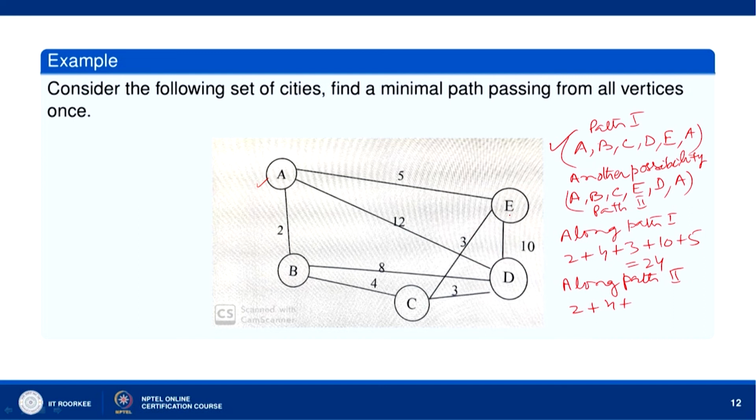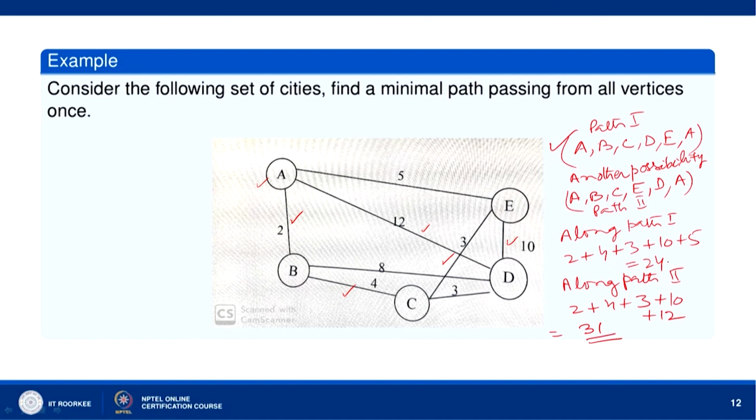Then we go to D, from E to D. So, we get 10, and then from D we go to A, so 12. So, A, B, B, C, C, E, then E, D and then D, A. When we follow this path, how much do we get? 2 plus 4 is 6, 6 plus 3 is 9, 9 plus 10 is 19, 19 plus 12, so this is 31.